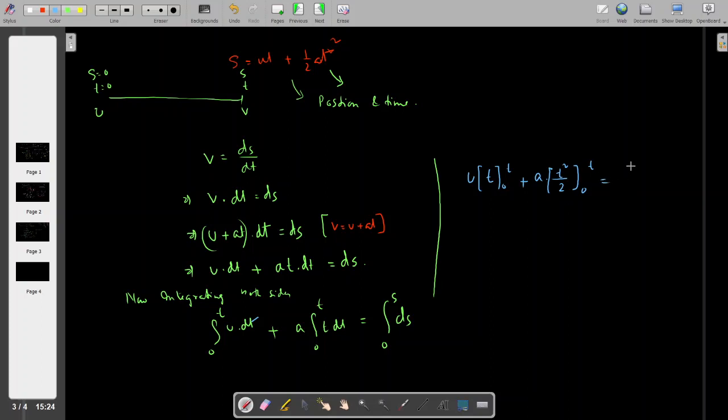The right side becomes integration of ds, which is s, from limit 0 to s. Putting the limits, t minus 0 so t remains, plus a into t square by 2 remains, equals s.